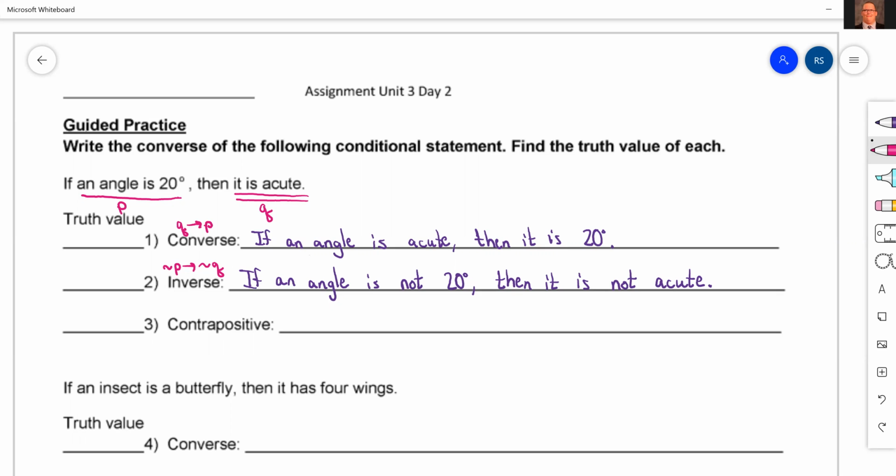And then the contrapositive, that's where we're extra. We have to not only do the nots, but we also have to flip. So not Q, then not P. If an angle is not acute, then it is not 20 degrees.